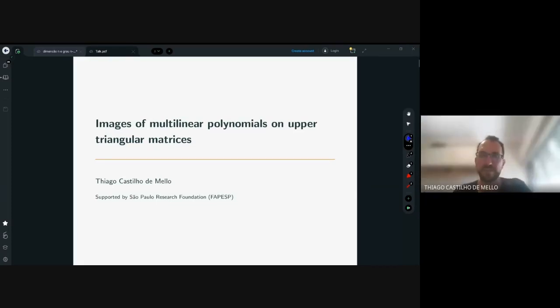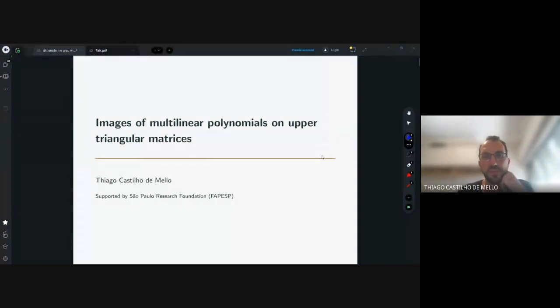Thank you, Artem. First, I'd like to thank the organizers, Artem and Alexei, for the invitation to give this talk. I'm going to talk about this subject of images of polynomials on algebras, and more specifically, images of multilinear polynomials on upper triangular matrices.